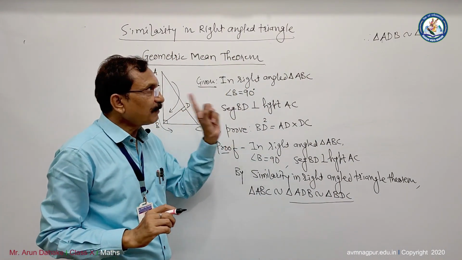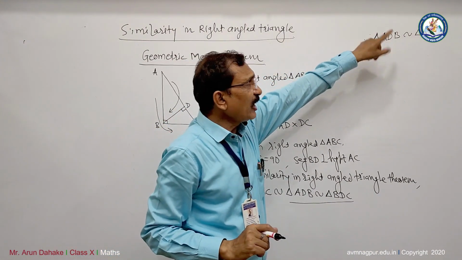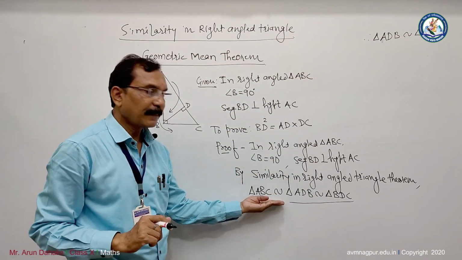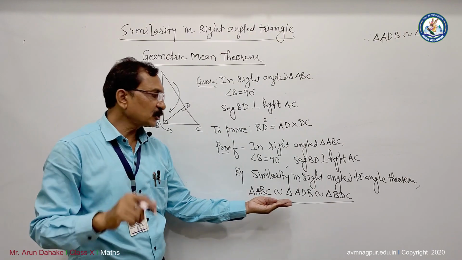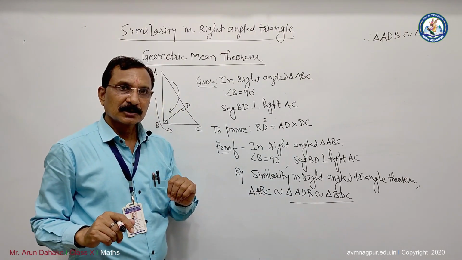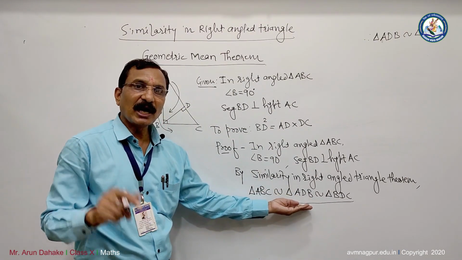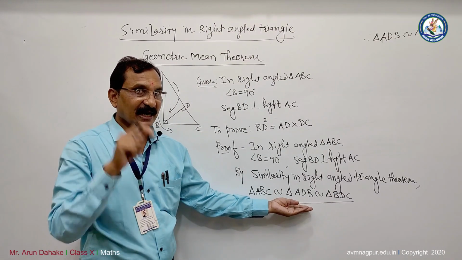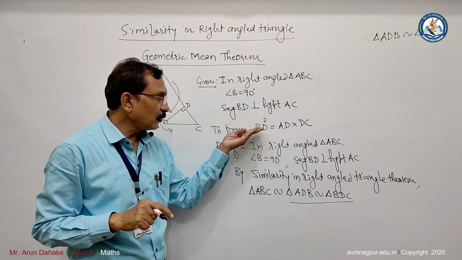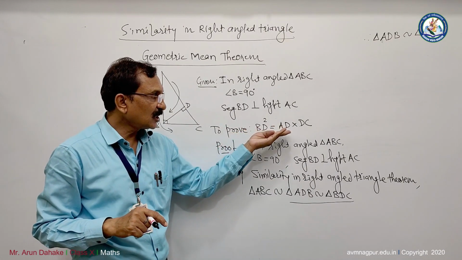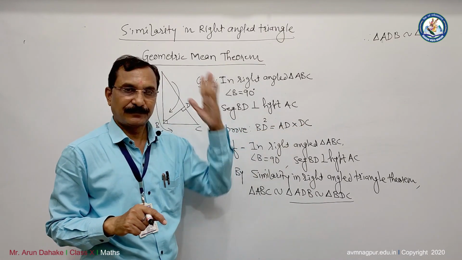So a very important part is here. Why are we taking these two out of these three? Why do we choose only this pair? See here, what you have to prove: BD square is equal to AD into DC.